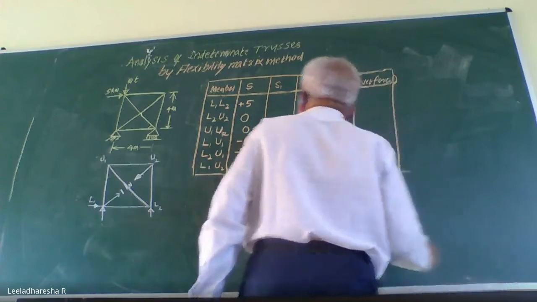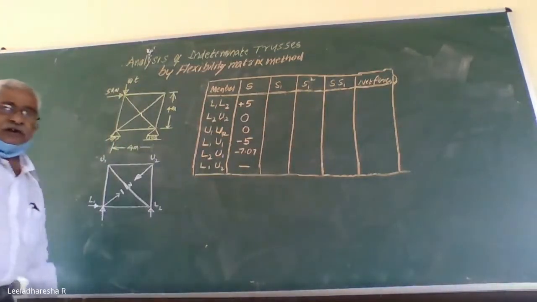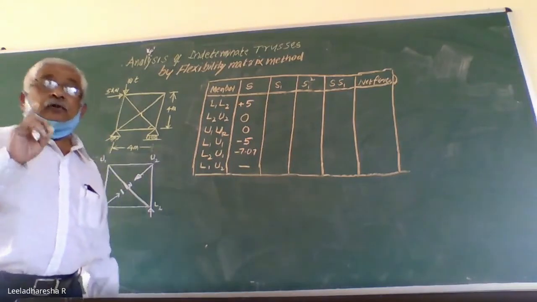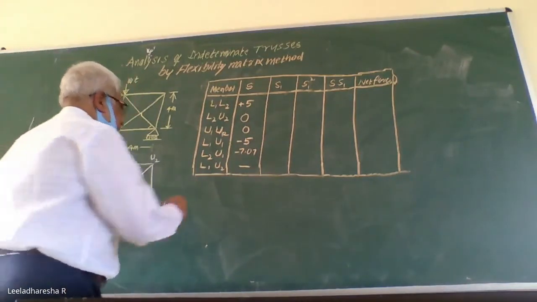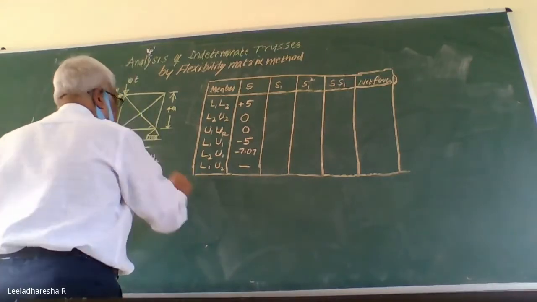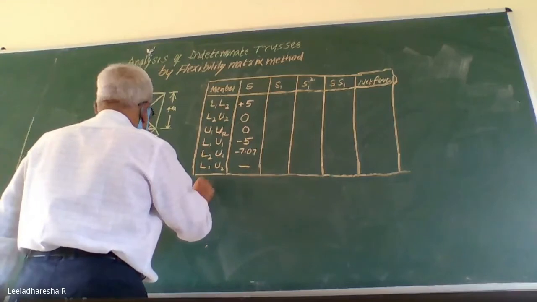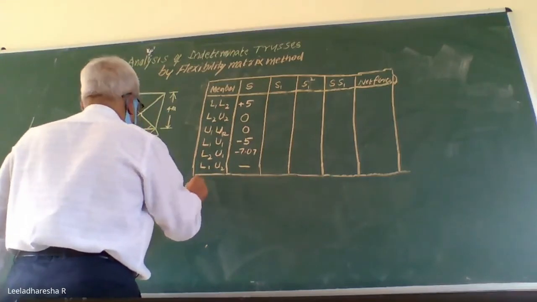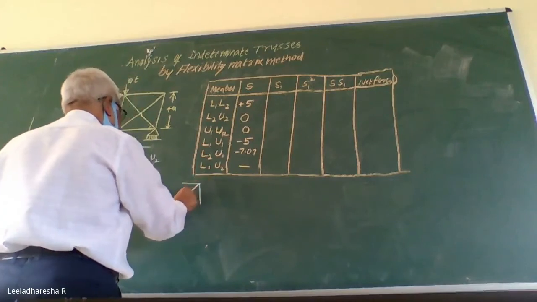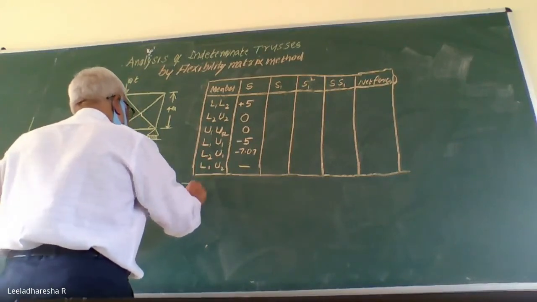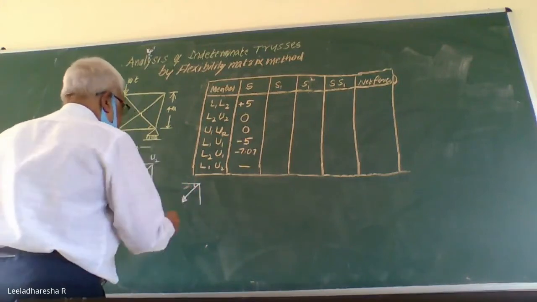So this is for development of the column, that is forces due to application of unit load at coordinate number 1. Right? So I consider joint equilibrium of joint U2. Right? Draw the free body diagram. One vertical member, then another horizontal member, then a diagonal member. And this angle happens to be 45 degrees.